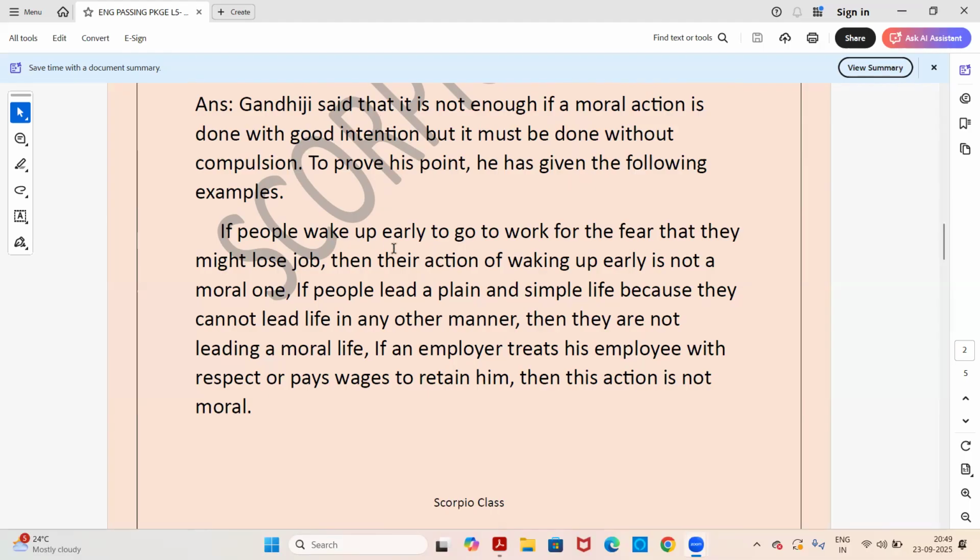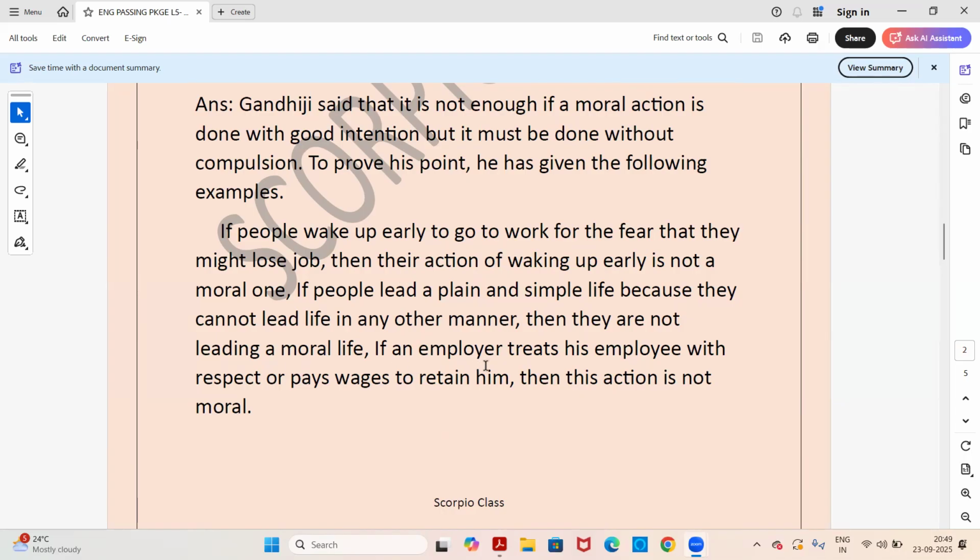If people wake up early to go to work for the fear that they might lose their job, then their action of waking up early is not a moral one. If people lead a plain and simple life because they cannot lead life in any other manner, then they are not leading a moral life.